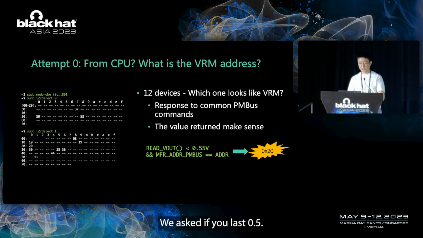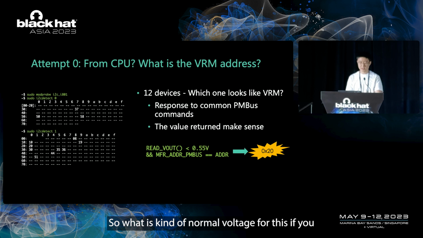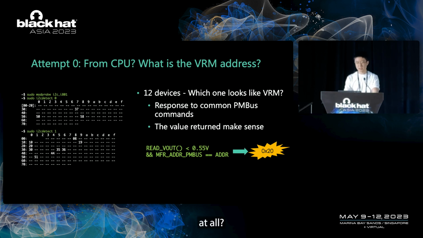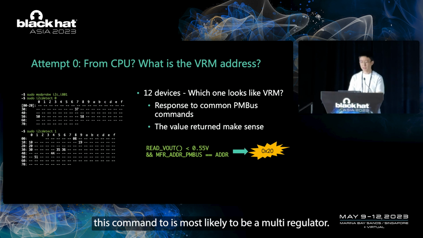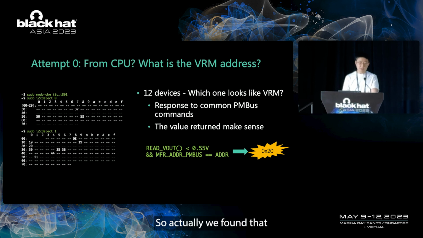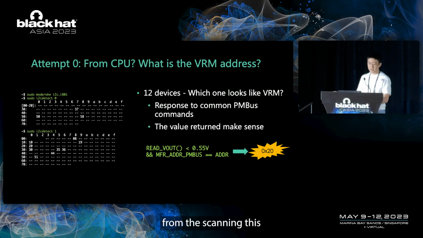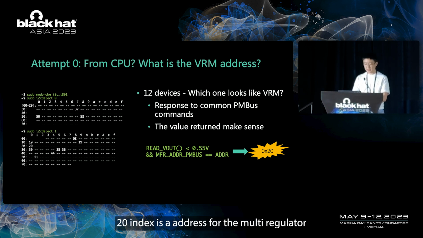We first read Vout. If it's less than 0.55 volts, it's a normal voltage for the CPU when idle. And also, there is a register for the PMBus address. If it equals the address that we are sending the command to, it's most likely a voltage regulator. So actually, we found from the scan that 20 in hex is the address of the voltage regulator.